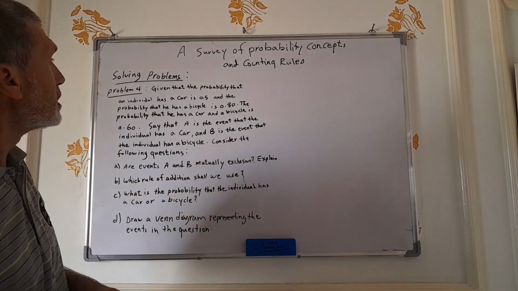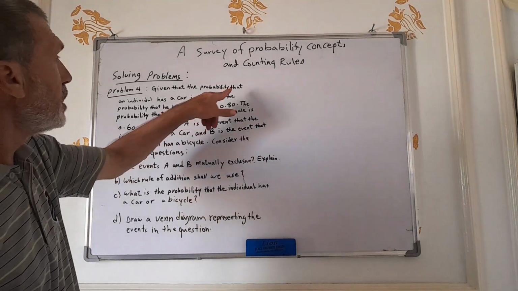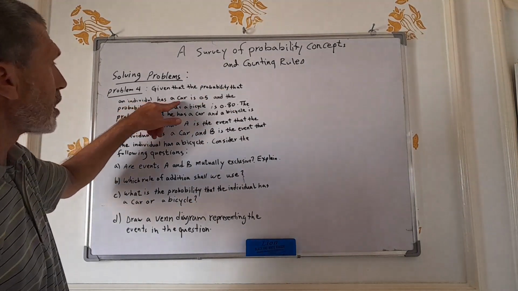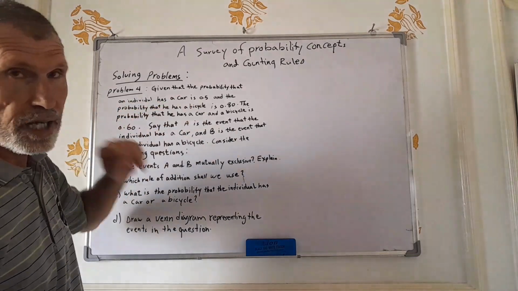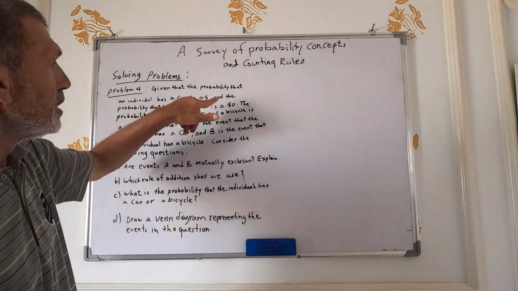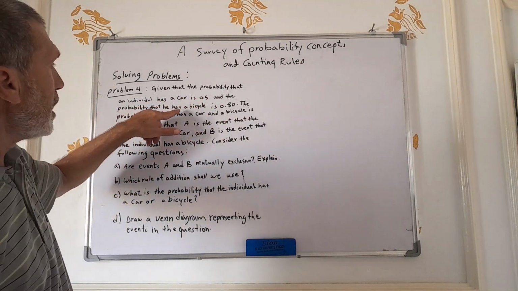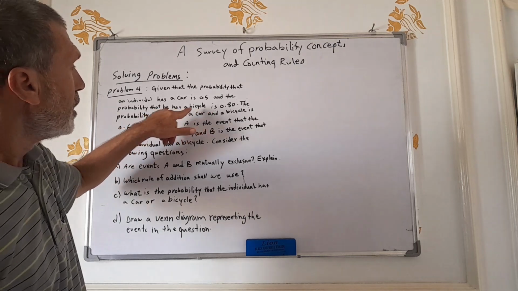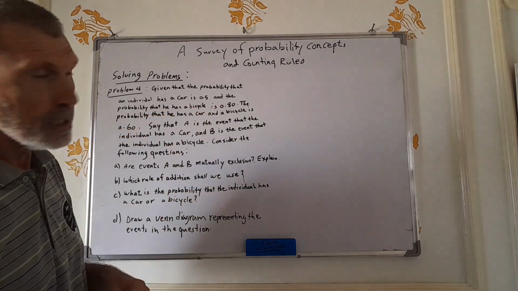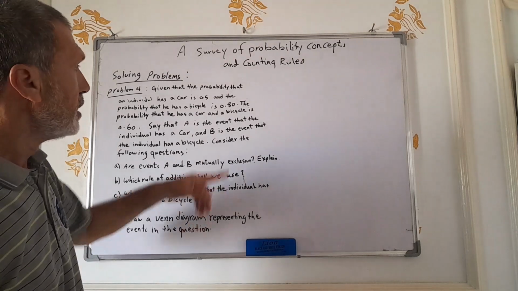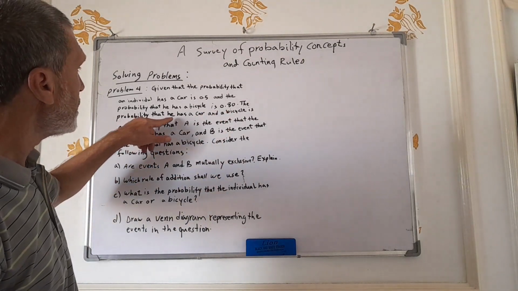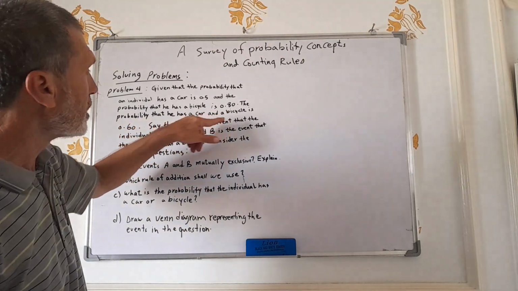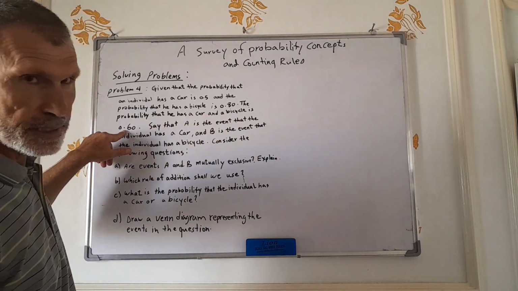Problem 4 says that given the probability that an individual has a car is 0.5, 50%, and the probability that he has a bicycle is 0.8, which is 80%. The probability that he has a car and a bicycle is 0.60.